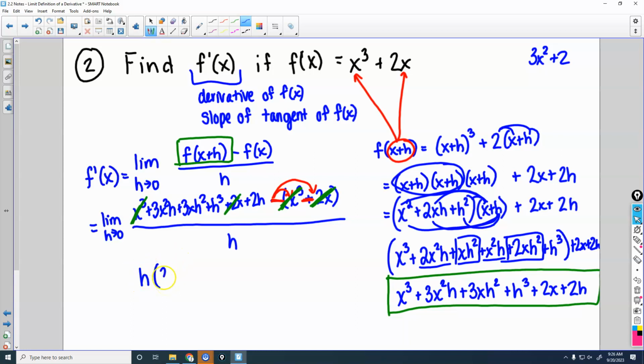And I'll have 3x squared plus 3xh plus h squared plus 2 all over h. I'm going to keep my limit notation because I have not plugged 0 in for h yet.